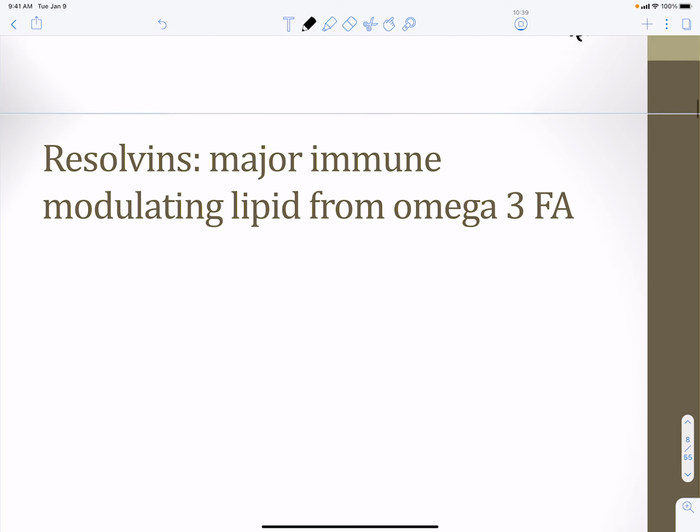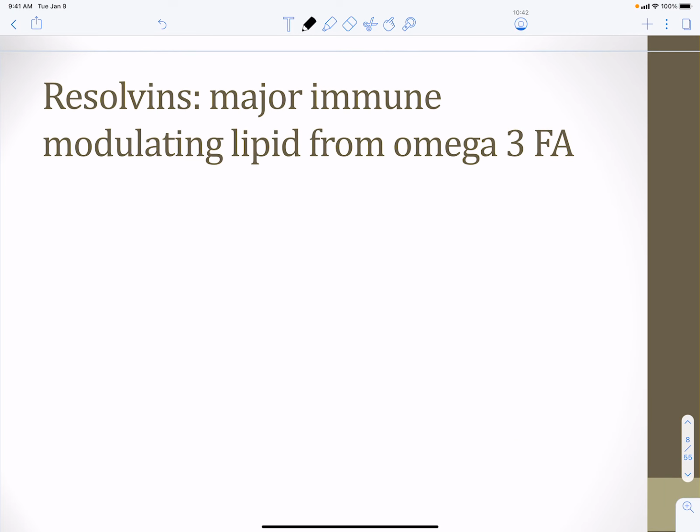Okay, so we have our resolvins. Resolvins are going to be a modulating lipid coming from that omega-3 fatty acid. And again, we have our E series from EPA. And these are going to be increased following aspirin or consuming EPA.